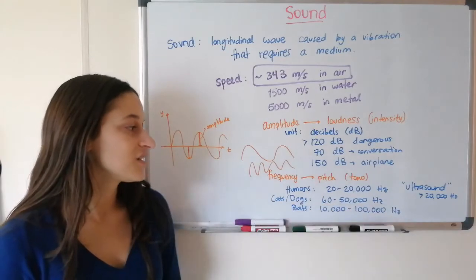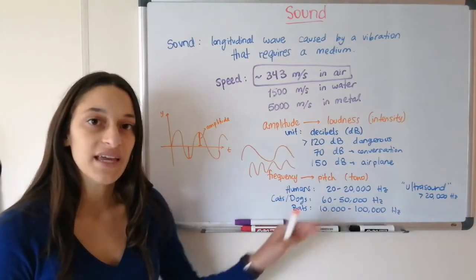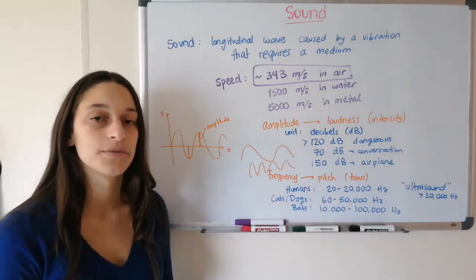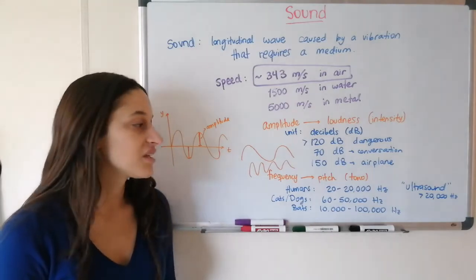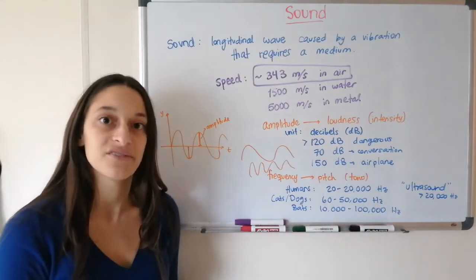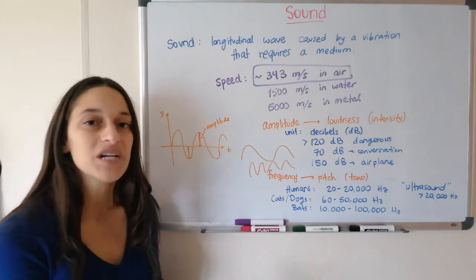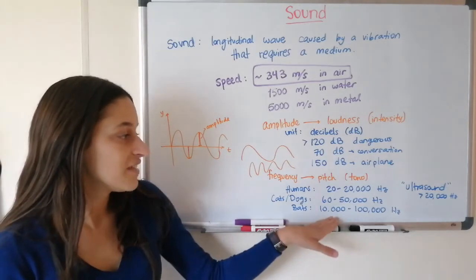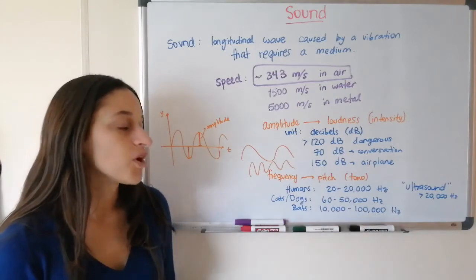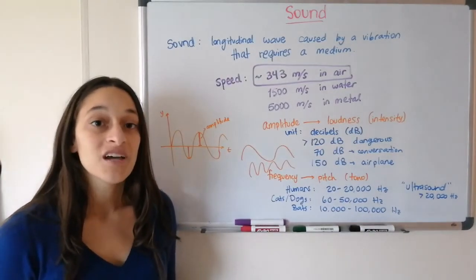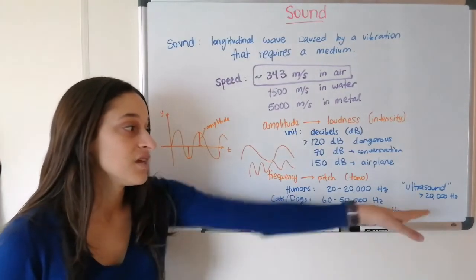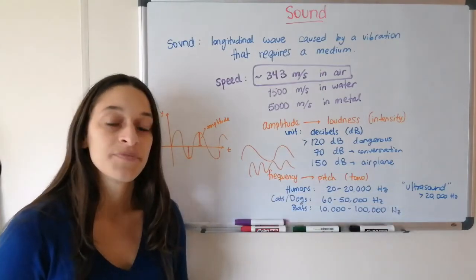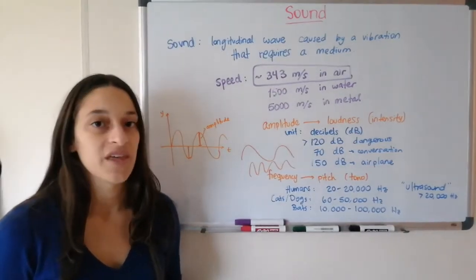It's about 60 to 50,000. So they can't hear the really low sounds that we can hear, but they can hear a lot more higher frequency sounds. And bats actually have a much higher range of frequencies that they can hear. They can hear from 10,000 hertz to about 100,000 hertz. So many times they're communicating with ultrasound, sounds bigger than 20,000 hertz, and we as humans know nothing about it.